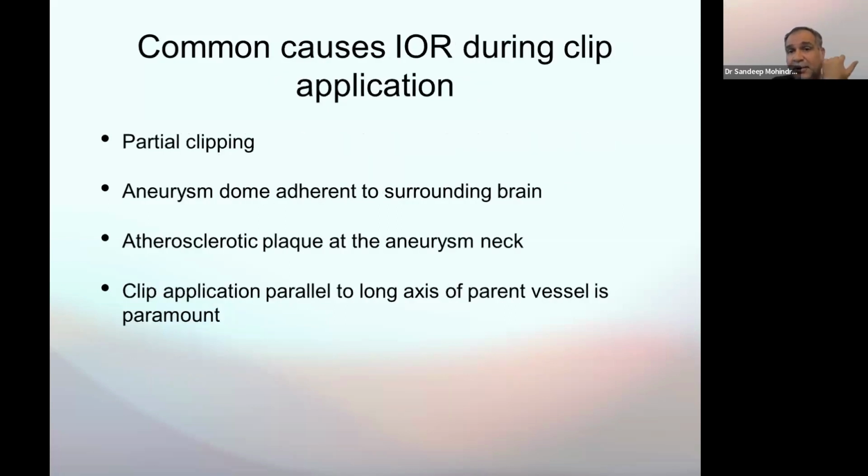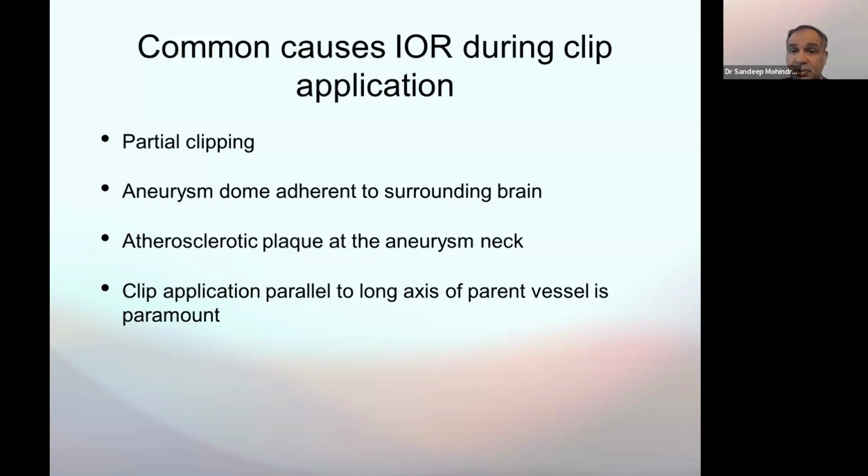A common cause of intraoperative rupture during clip application is partial clipping. The aneurysm neck is larger than what the surgeon was seeing from their angle, and some part is left. That partial clipping can be one where the neck has been left partially. Another can be atherosclerosis at the neck of the aneurysm to such a great extent that the clip is not fully occluding the neck itself.